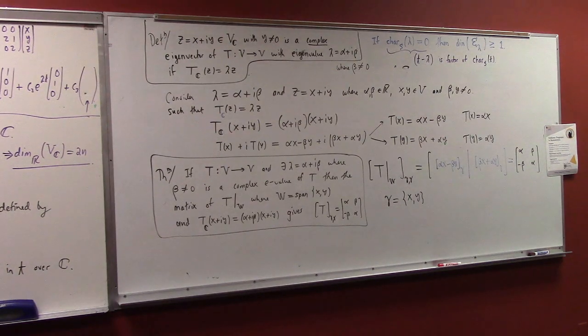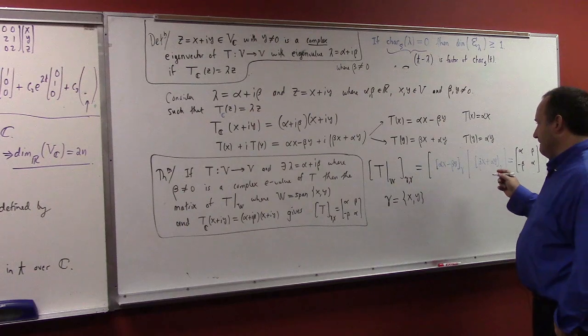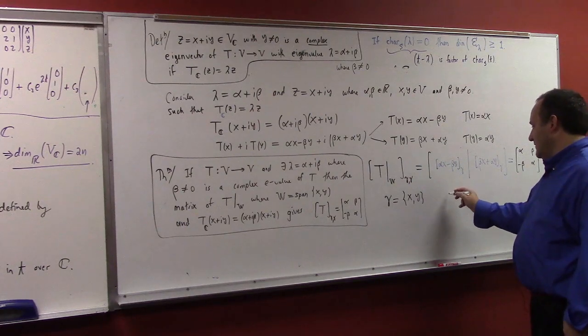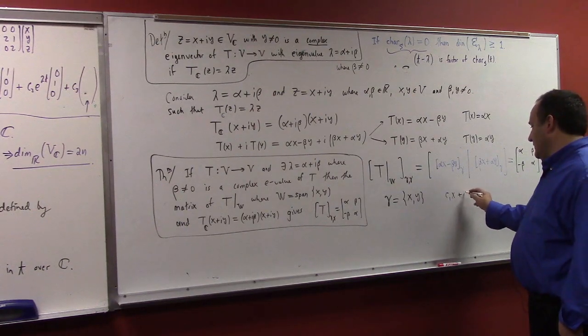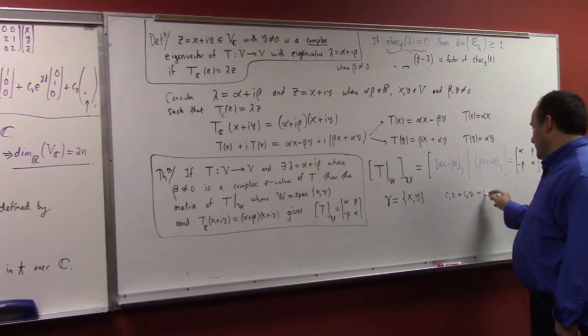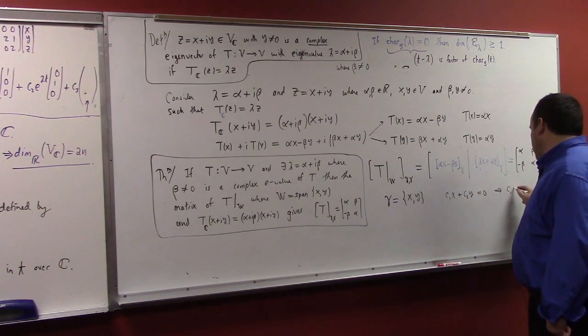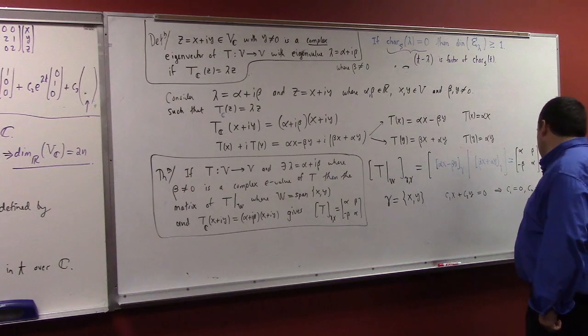So one of the things I'm claiming, and I haven't proved yet, is that x and y have to be linearly independent as real vectors. So if we take c1 x plus c2 y and set it equal to 0, that should imply that c1 equals 0 and c2 equals 0, right?